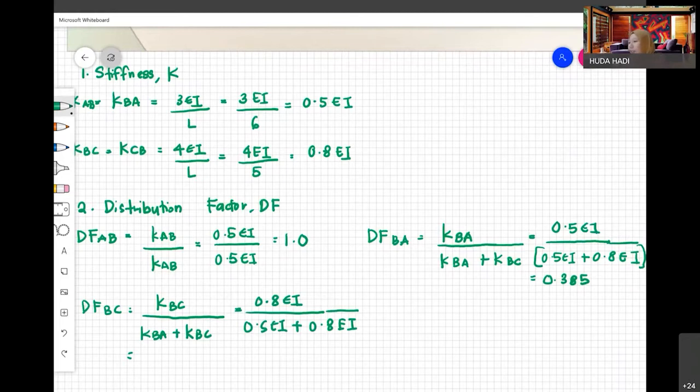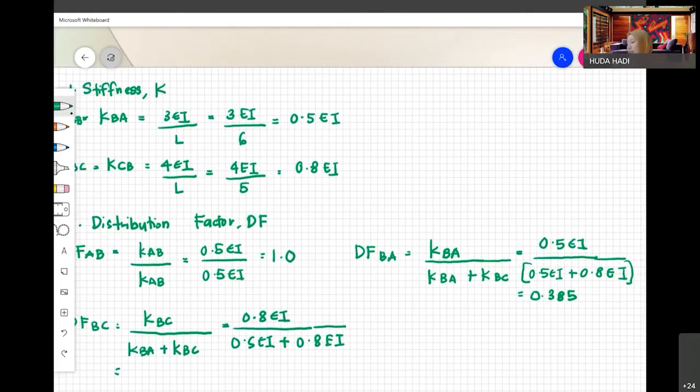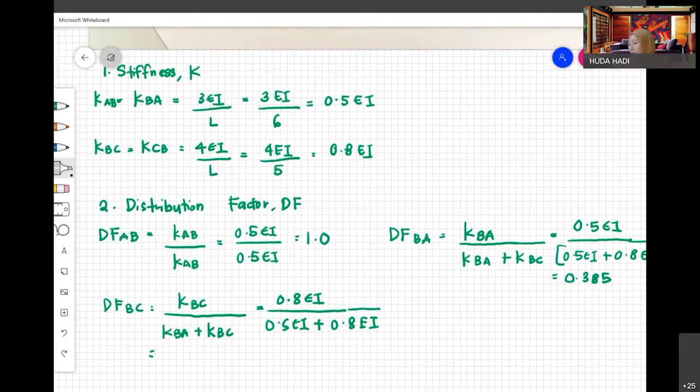Okay, so for BC, kira DFBC jadi KBC lah. And divide with total stiffness at support B. Okay, macam mana you nak tahu, you kena tengok apa tau sebenarnya ni. You nak transfer dari mana, dia punya original tu kat mana support yang you nak tengok. Bila you nak tengok total stiffness dekat support tu.